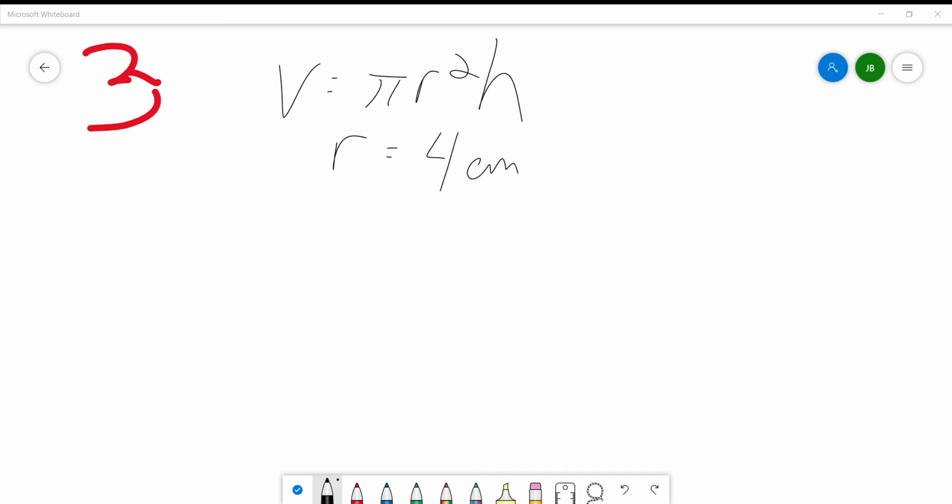The volume should be 703.36. I'm looking at the answer key just to make sure I'm right. Yep, 703.36 cubic centimeters.